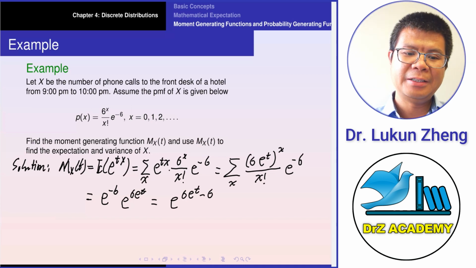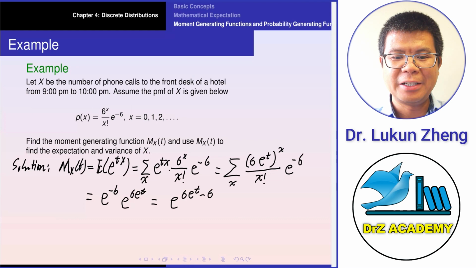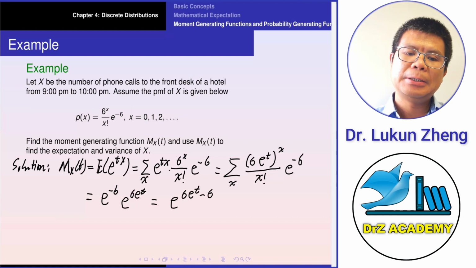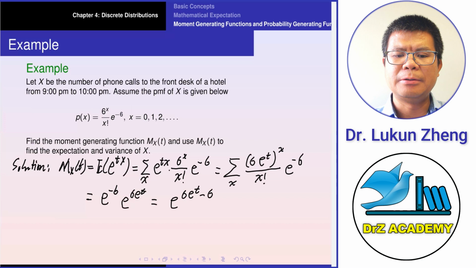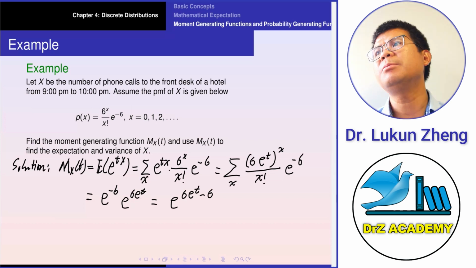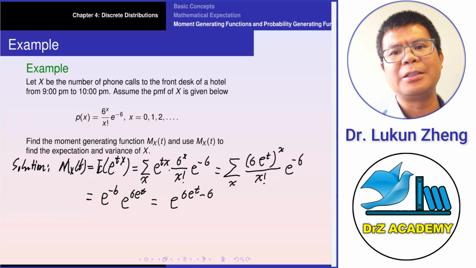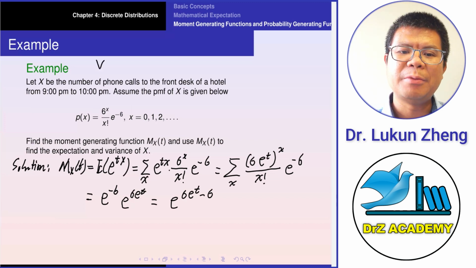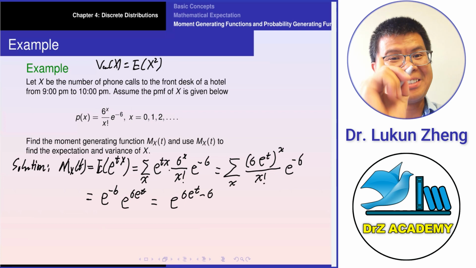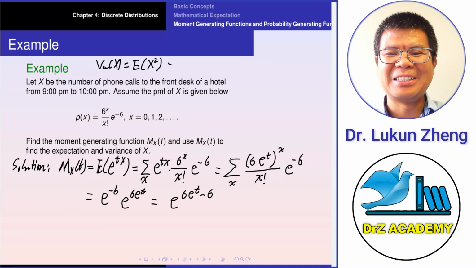Okay, so then we want to find the expectation and variance. How can we find that? The expectation is the first moment, and if you remember, the variance of x equals the expectation of x squared, which is the second moment, minus the square of the expectation.